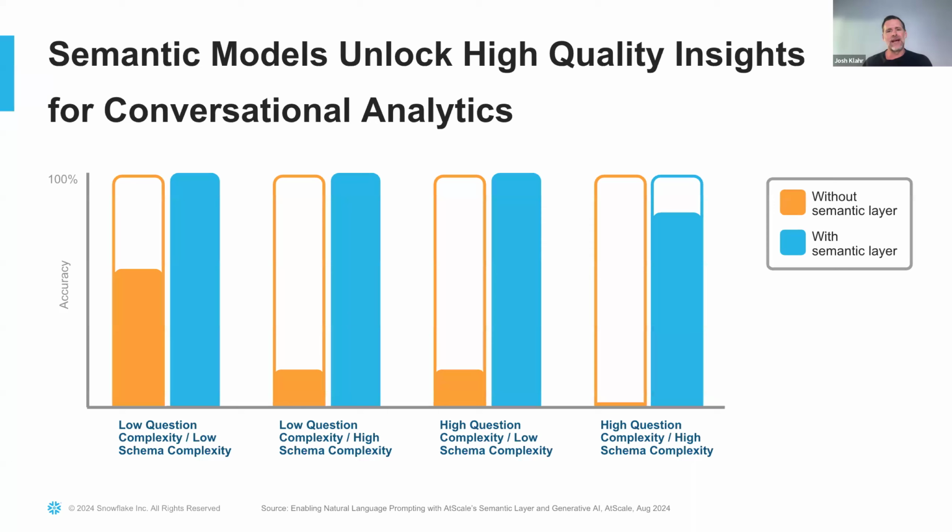And when you bring AI and conversational analytics to a base schema, things get exacerbated. So semantic models are a way of abstracting away the complexity of the underlying schema and providing an interface that is easy for a consumer, whether that consumer is a human or an LLM. What we're showing here is what happens as schema complexity increases, going from one or two tables to multiple tables with complex relationships, and as question complexity increases.